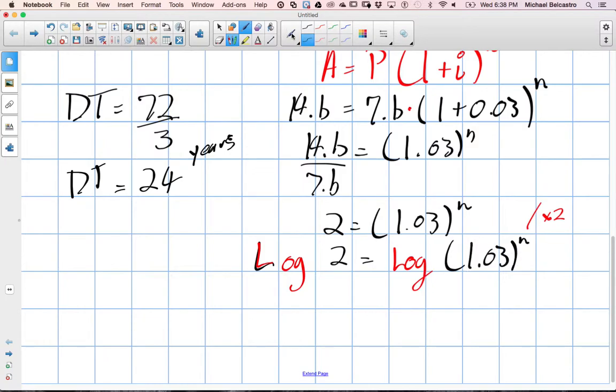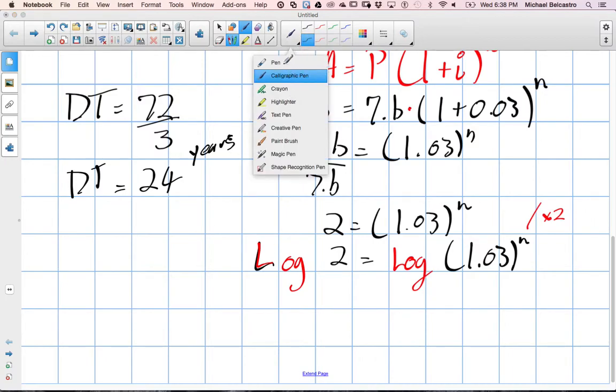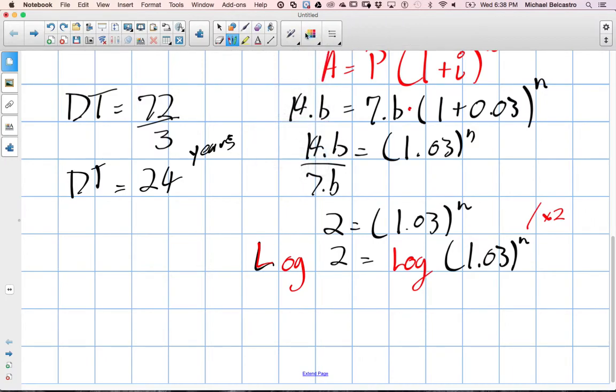Now, the whole reason we do that is when we put something to the log, any of the exponents can be brought down and put in front of the log as a multiplication. So now we're not stuck with an exponent.